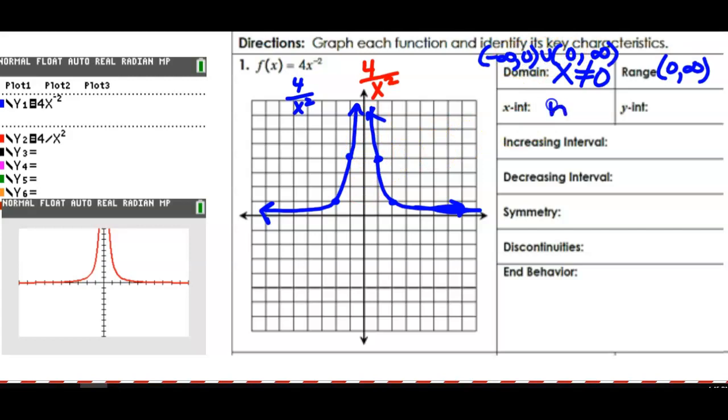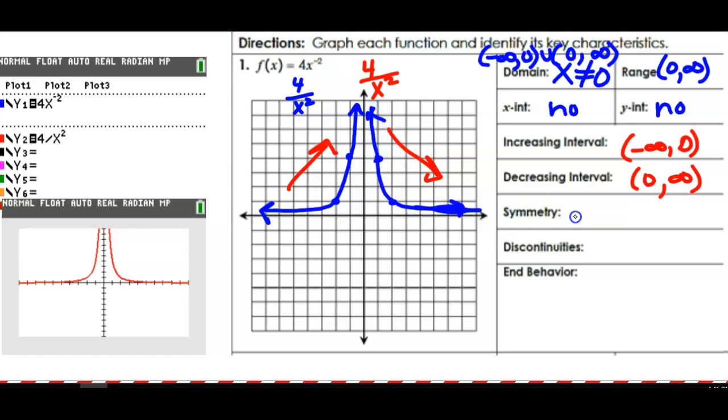All right, it has no x-intercept or y-intercept then because it never touches. This branch is increasing and this branch is decreasing. So it is increasing from -infinity until 0. And then from 0 to the right, it is decreasing. The values are getting smaller and smaller.